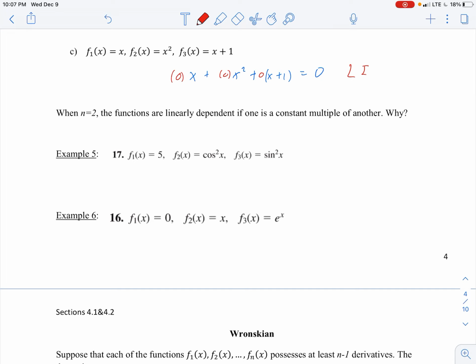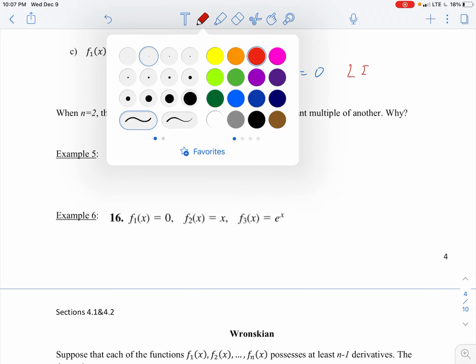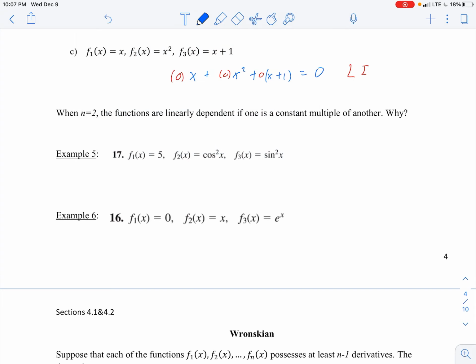Examples 5 and 6. Example 5: 5, cosine squared x, sine squared x. Pause the video and see if you can do this one on your own. Alright, hopefully you got it. Let's see if you did. We're going to have our combination: 5 plus cosine squared x plus sine squared x, and that's supposed to equal 0.